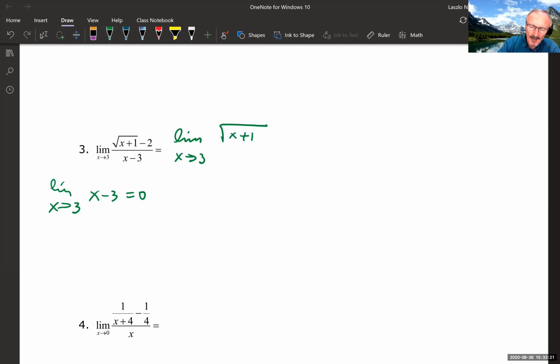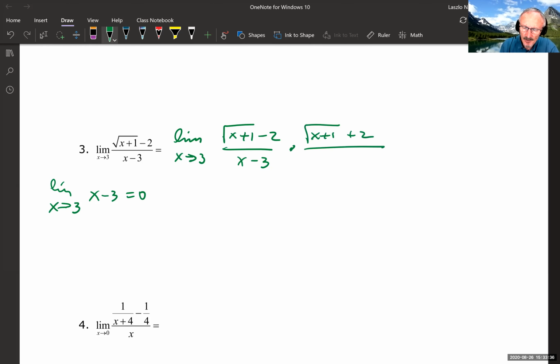So here we have a minus sign. And so we're going to multiply the numerator and the denominator by the square root of x plus 1, and then plus 2. But of course, you must deal with the denominator the same way.